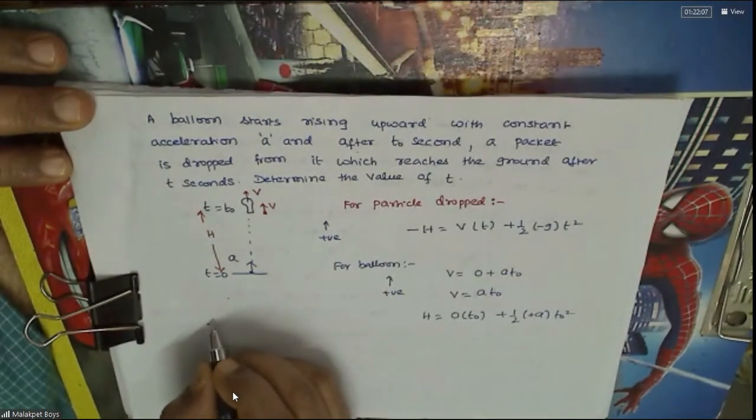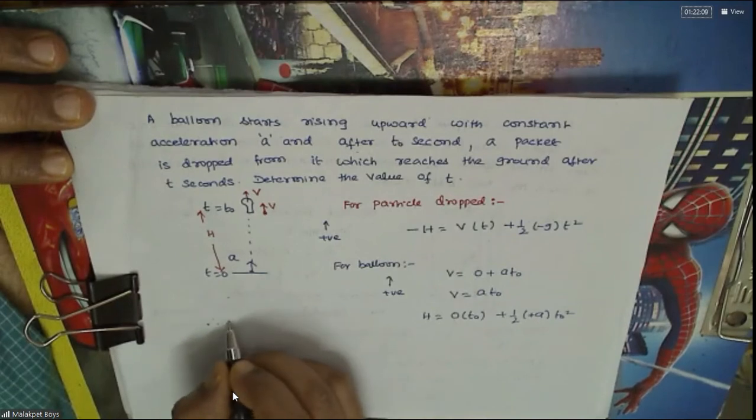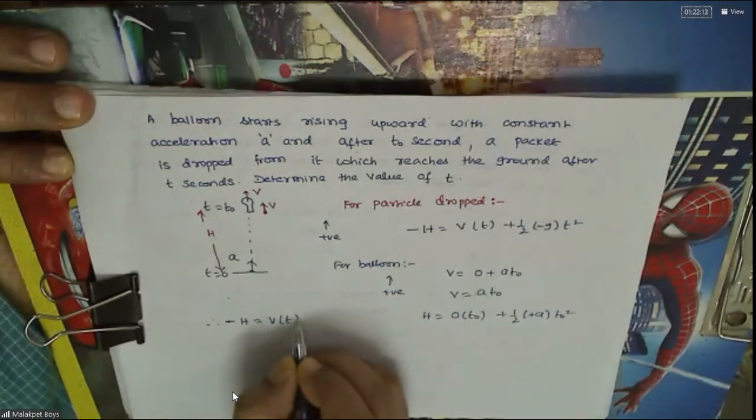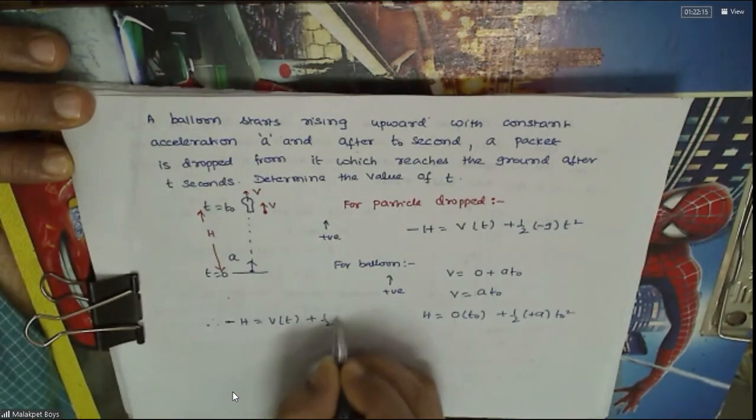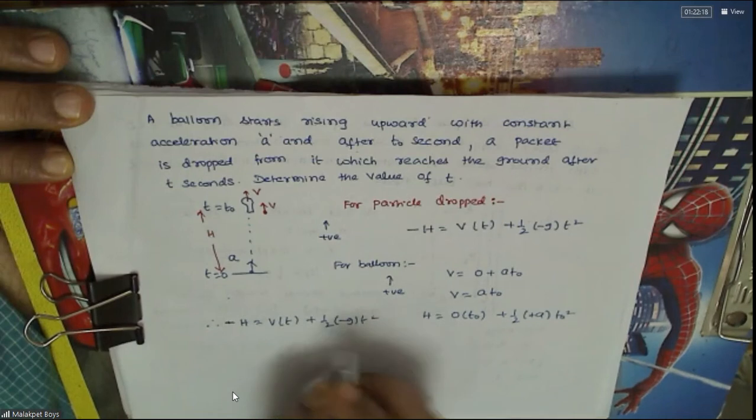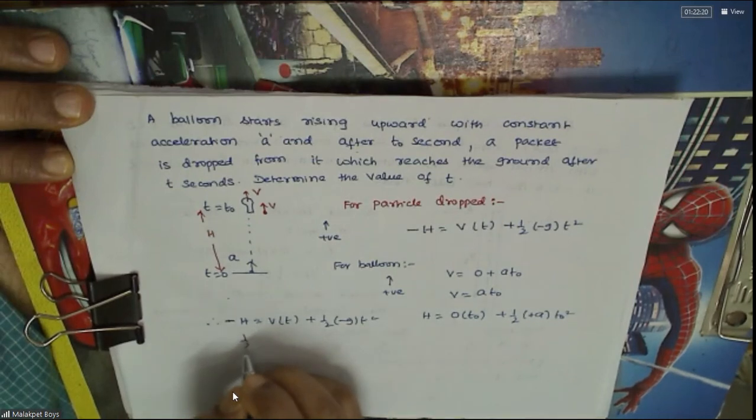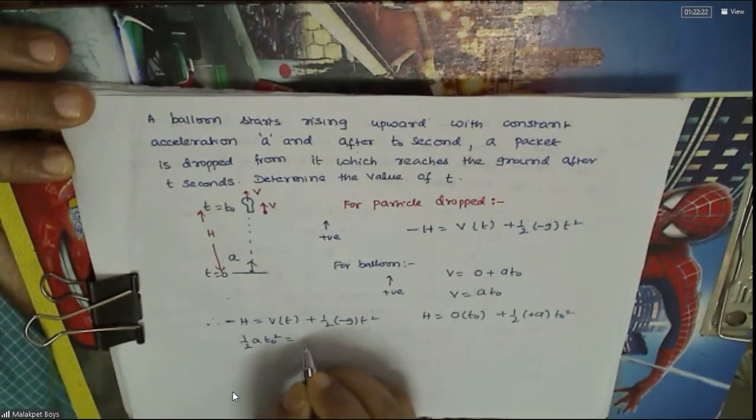Substitute here. Therefore you have minus h equals v into t plus half minus gt square. H is how much? Half a t naught square.